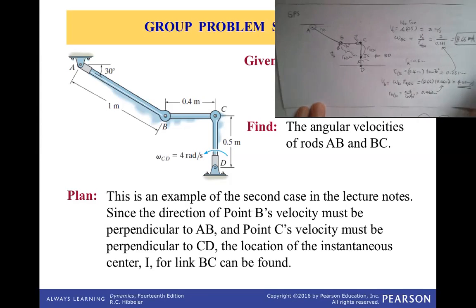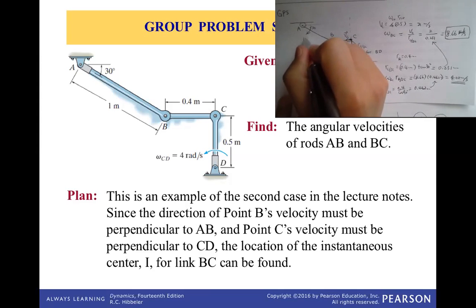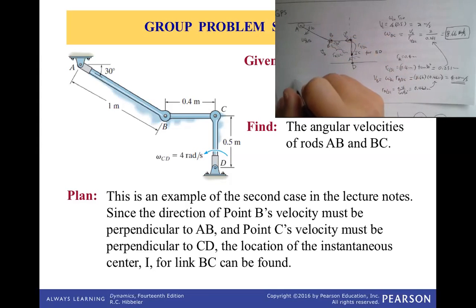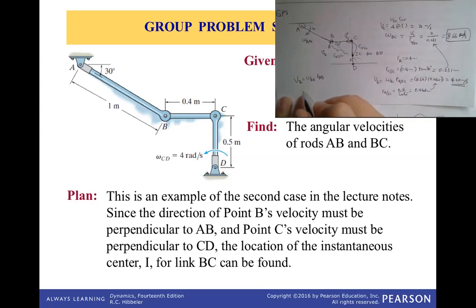Use that 4 meters per second, we should be able to figure out omega AB, okay, by using RAB. So VB also is equal to omega AB times RAB, okay? RAB is given as 1 meter there.